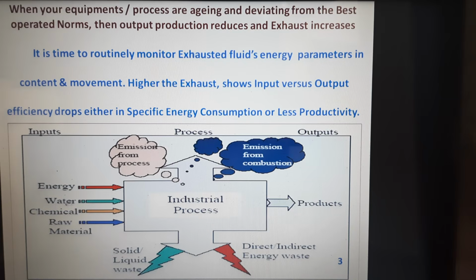See, ultimately all the total process gets affected, and in case of any unbalance in the inputs or in case of any deviation in the inputs, the product gets derated or reduced, and the exhaust emission goes up either from the process or in the combustion, and the waste also, liquid waste or direct energy waste also increases as such.